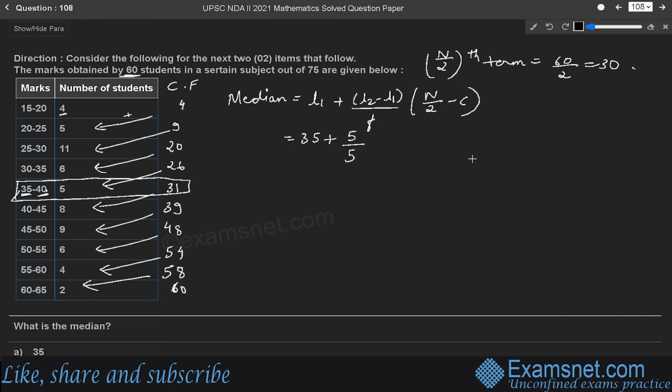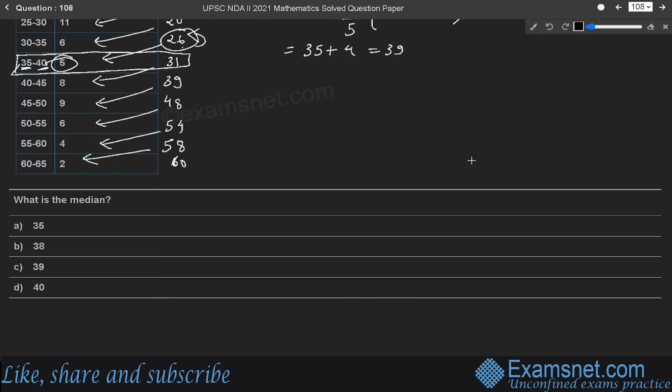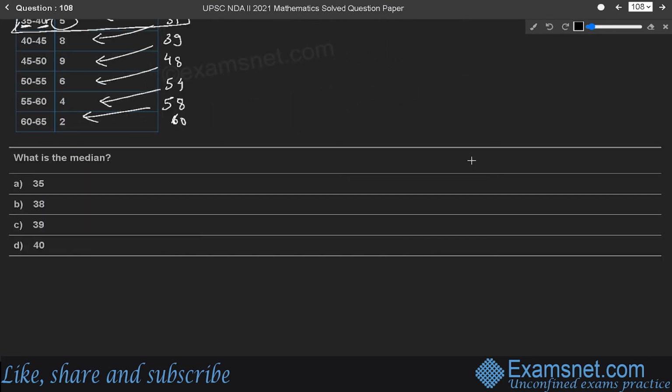F is also 5, which is the frequency here. Now n by 2 is 30 and C is 26, meaning the cumulative frequency before this median class. Further calculating, it will be 35 plus 4, which is 39. So the median of this particular question is 39. Therefore the correct option is option number C, 39.